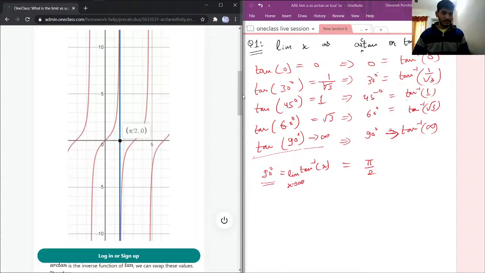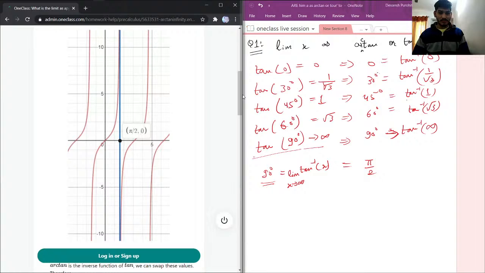Pi by 2 will be approximately 1.5, so pi by 4 will be 0.75. So somewhere here we'll have tangent of 45 degree, which will be equal to 1. For this part of the curve the graph looks linear, but as it crosses this point, it is kind of non-linear.